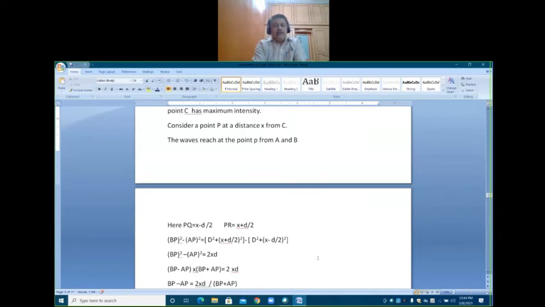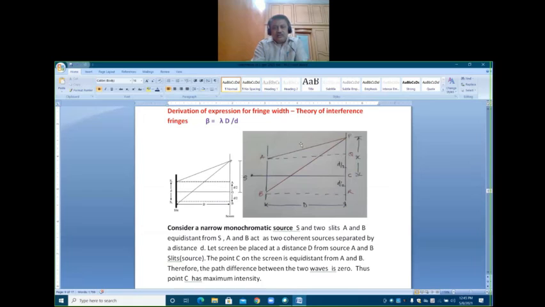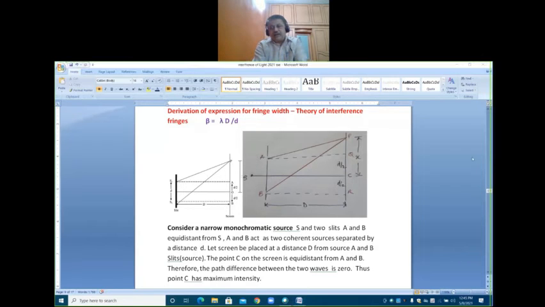Consider point P, which is at a distance x from C. The waves reach P from A and B. So you can see here, AP is one wave, BP is another wave, designated by the path length. A to P is one beam, B to P is another beam reaching P.